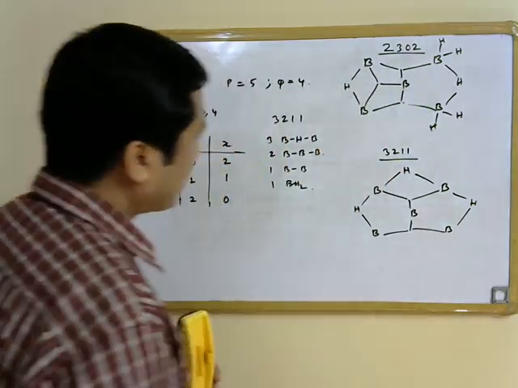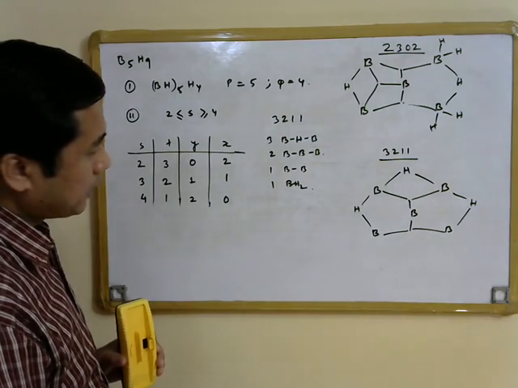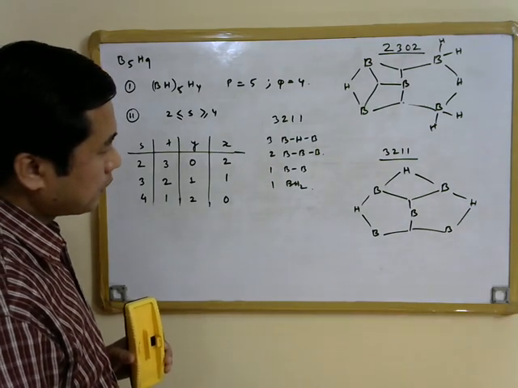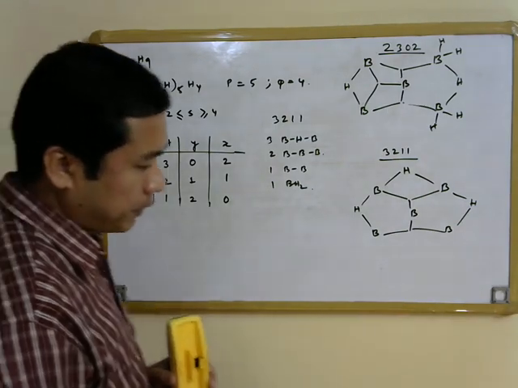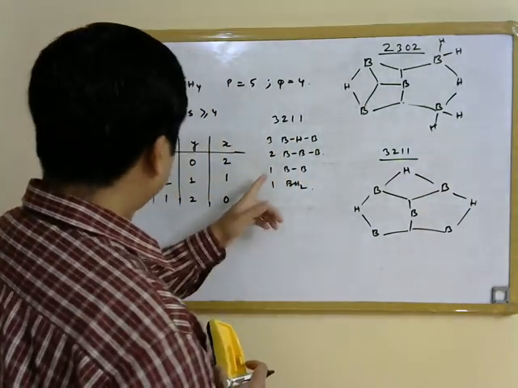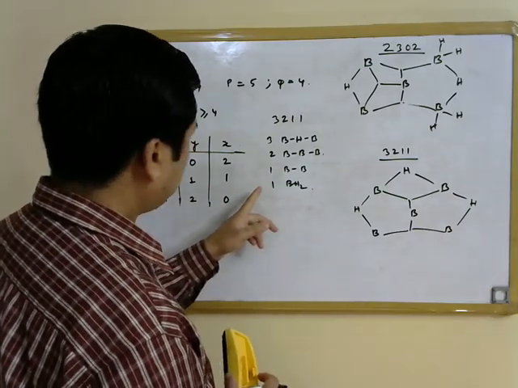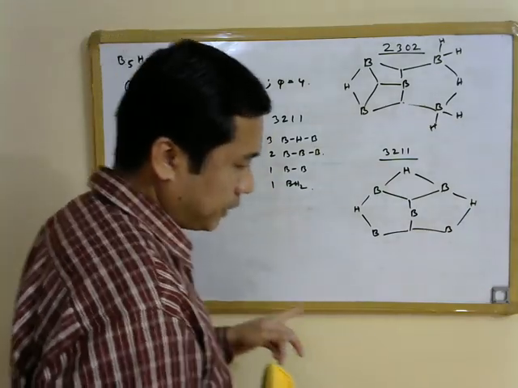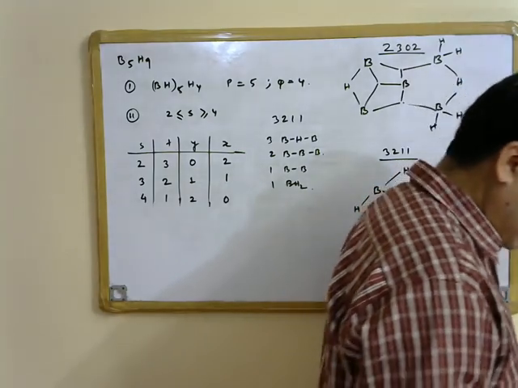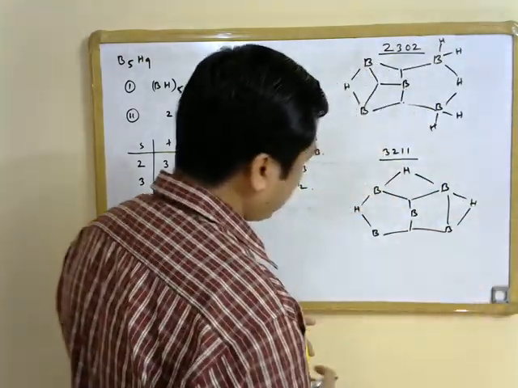This is how we could place 2 BBB linkages, and then we also have to draw 1 BB linkage between these two borons.